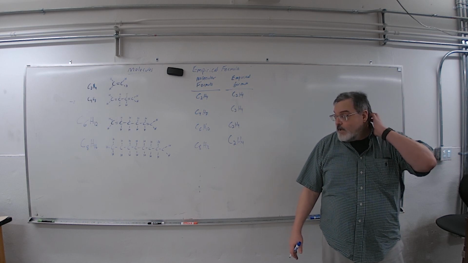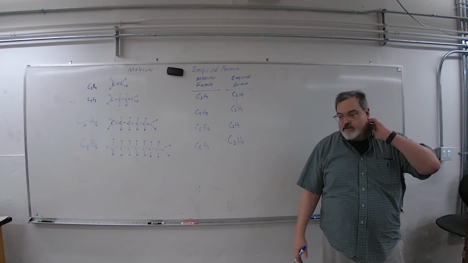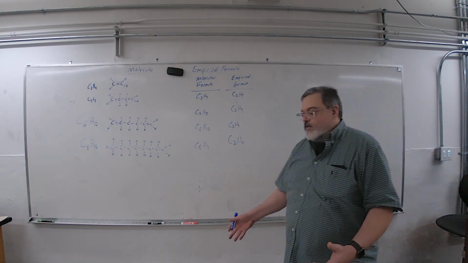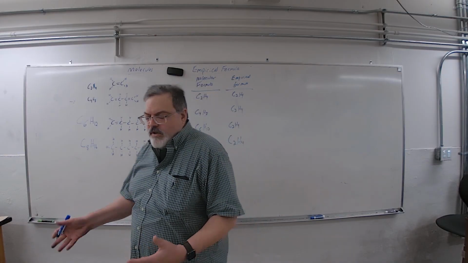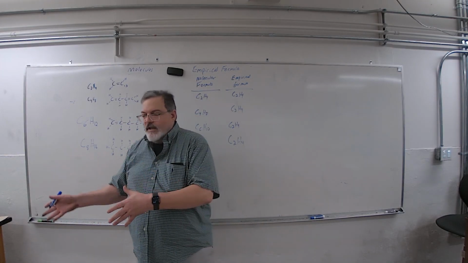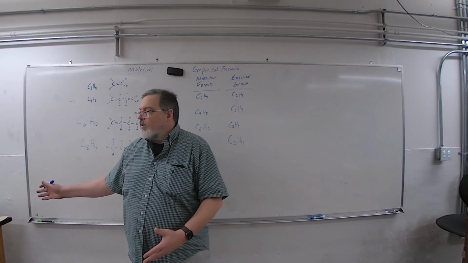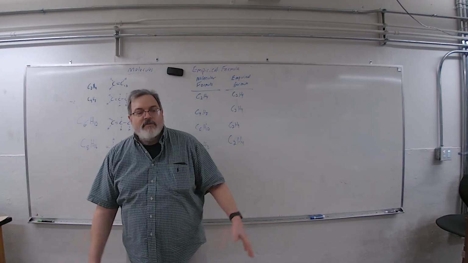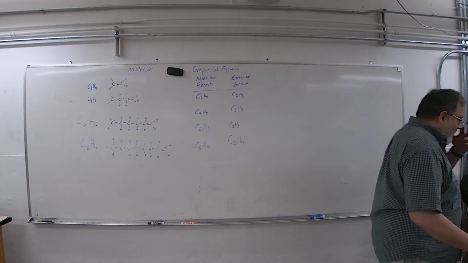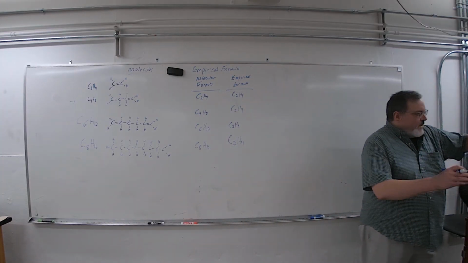But you can find the empirical formula of something if you do the combustion analysis. In a combustion analysis, you can either say, here's the gram sample I started with, and here's the grams of the things, or you can just go straight to and report it as percent. But you can still find out what the empirical formula is for a compound. So I'll show you how to do that.